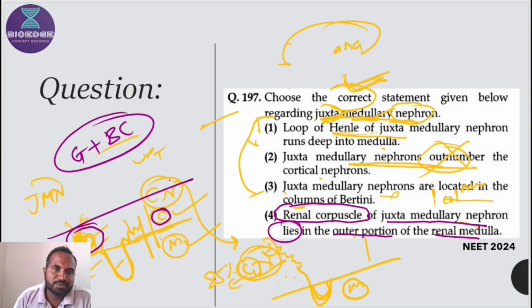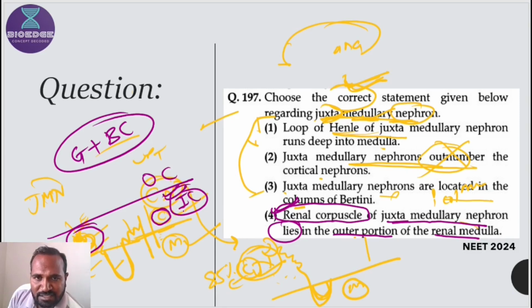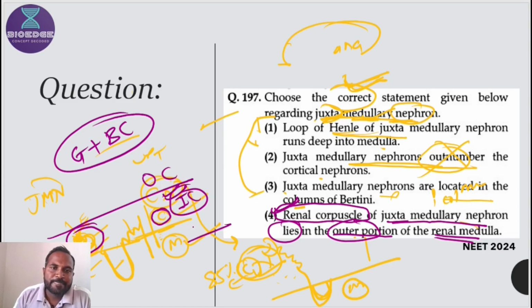If you divide the cortex, there is an outer cortex and an inner cortex. So the renal corpuscle of the juxtamedullary nephron is present in the inner cortex. If you divide the renal medulla into two parts, there is an outer medulla and an inner medulla, but renal corpuscles are present in the inner cortex, not the outer medulla. That's why this is wrong.